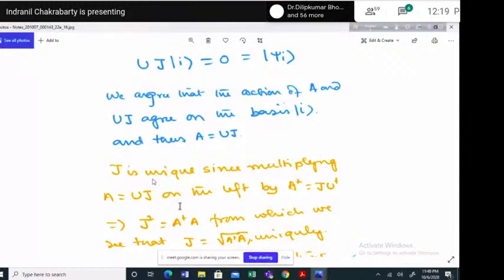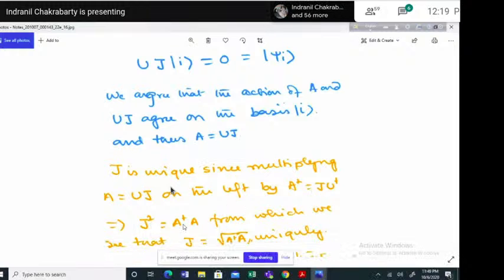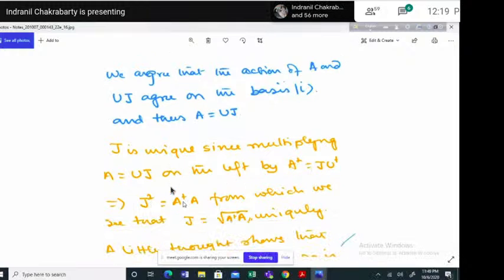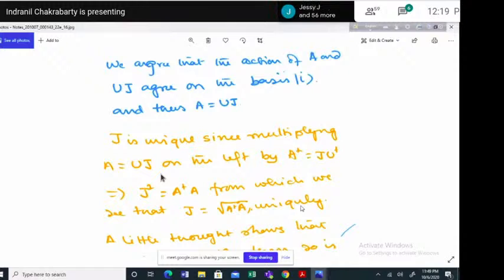J is unique, since multiplying A equals UJ on the left by A dagger, you will get J U dagger U J, so J squared is equal to A dagger A. From which we can see that J comes back to root of A dagger A uniquely. So A is equal to UJ.